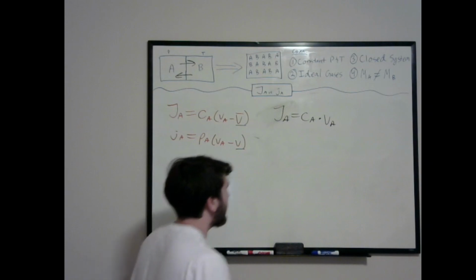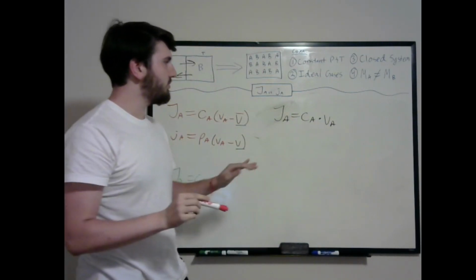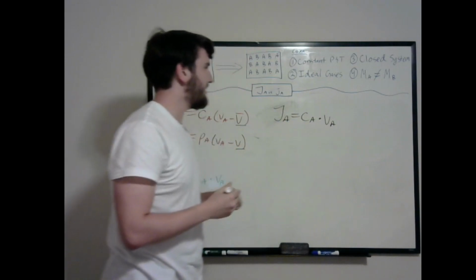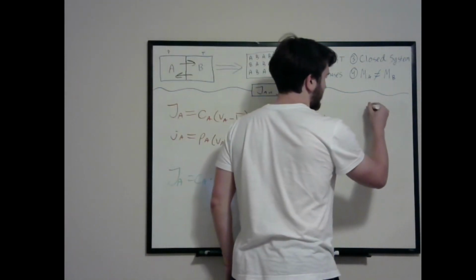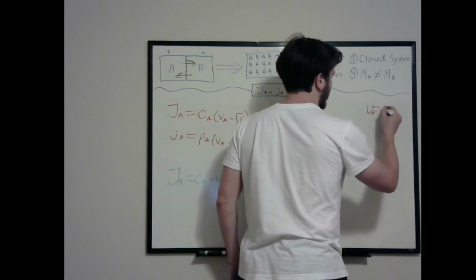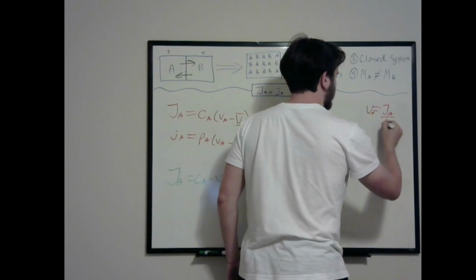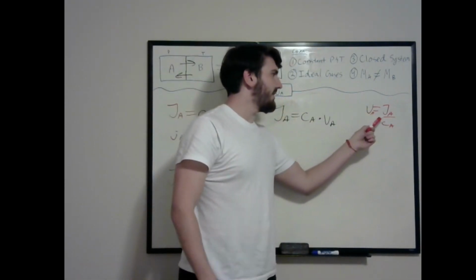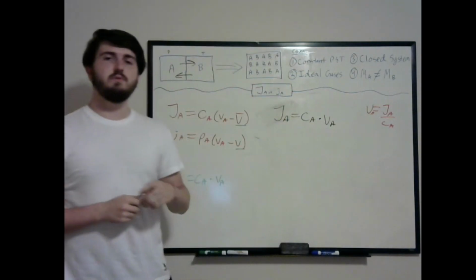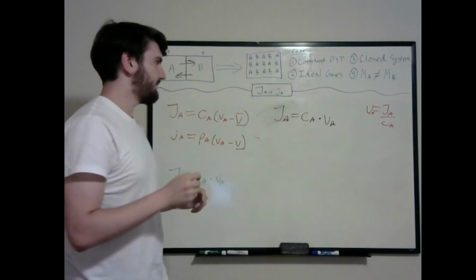But we're also going to rewrite it in a different form to the right, because we can use something from this, and that will be the velocity of A. If we rewrite this, we can rewrite this as it being that the velocity of A is equal to the molar diffusive flux of A over the molar concentration of A.